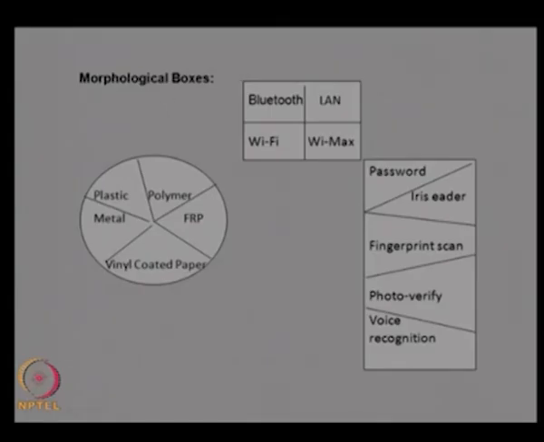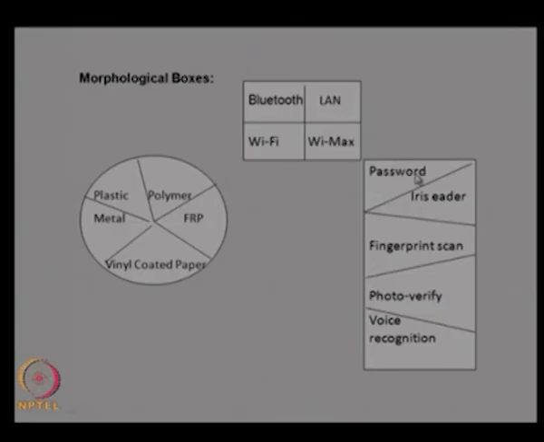As I told you about the physical architecture development, in order to have the instantiated physical architecture we will try to identify the various options for input and output and other functions. So, this shows different options for various functions. This is one function where you can have user authentication.